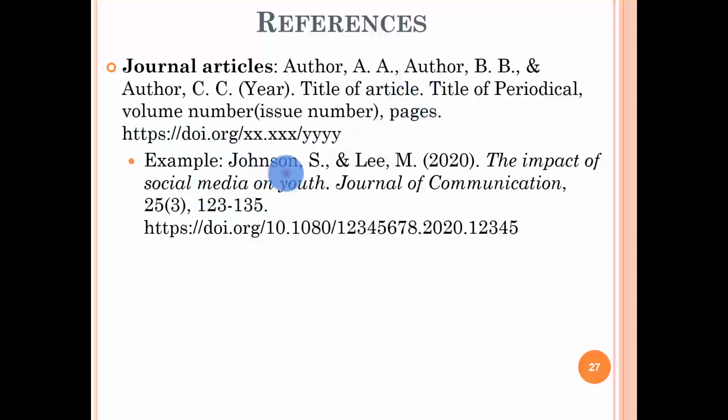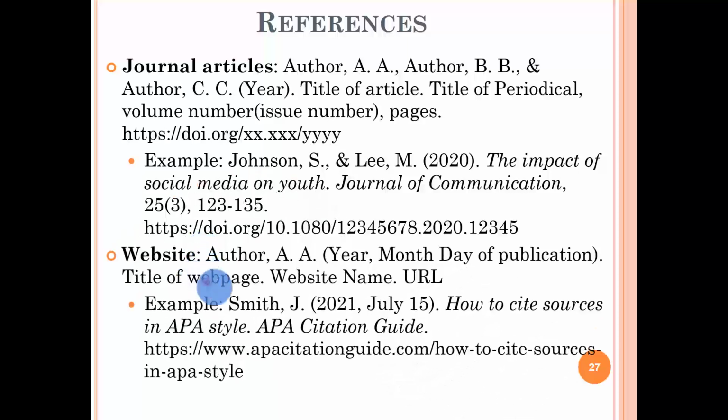As an example, you might have Johnson, S, and Lee, with the year of publication, 2020. This is the title, The Impact of Social Media on New Journal of Communication. Then the volume number, 25, the issue number, 3, and the pages from 123 to 135, and this is the DOI of the journal article.